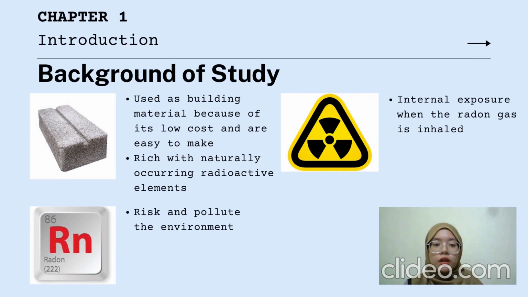In Malaysia, sand brick is the most used building material because of its low cost and it is easy to make. Materials that are used for buildings or houses, such as sand, are rich with naturally occurring radioactive elements such as radium, thorium, and potassium. Indoor gas mostly exhaled from the building materials would contribute to the risk and pollute the environment if it is not controlled.